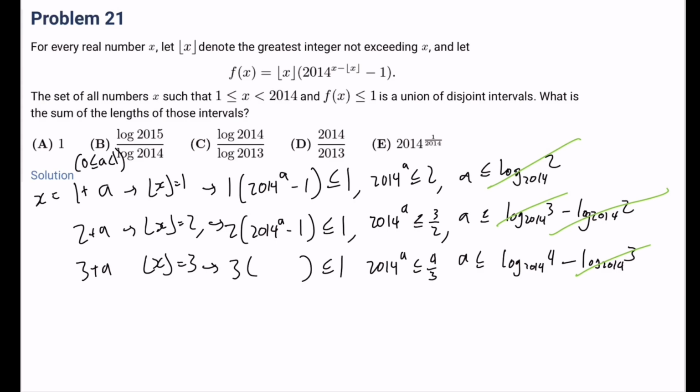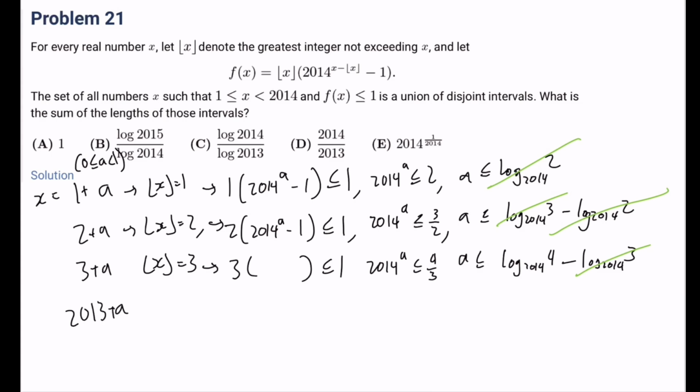And so this cancellation, leaving just this thing, is going to continue up until the maximum possible value of x. Since x has to be less than 2014, the final value of x will be 2013 plus a.